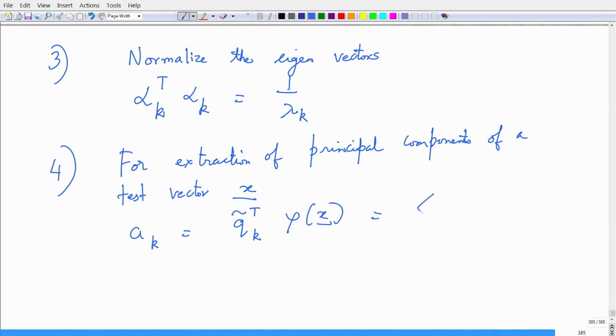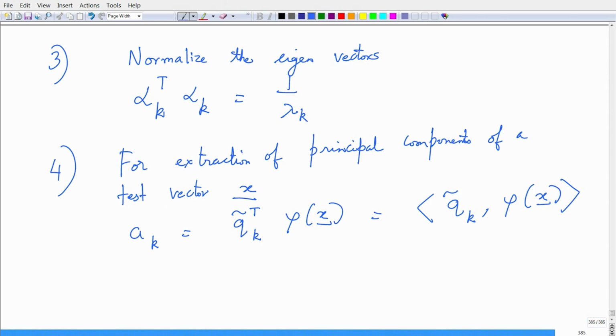This is basically the inner product of the eigenvector with the vector in the feature space, and this is how you can compute the projections. From this you can represent the vector in the feature space and look into a corresponding compact representation if you want, in the feature space.